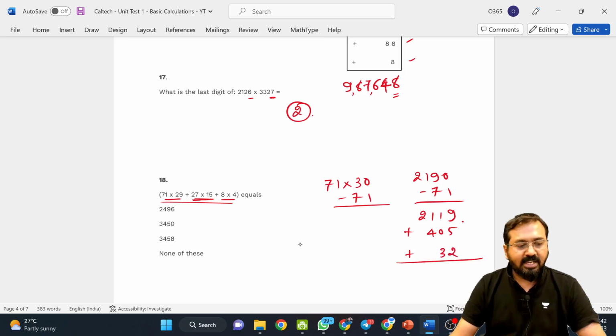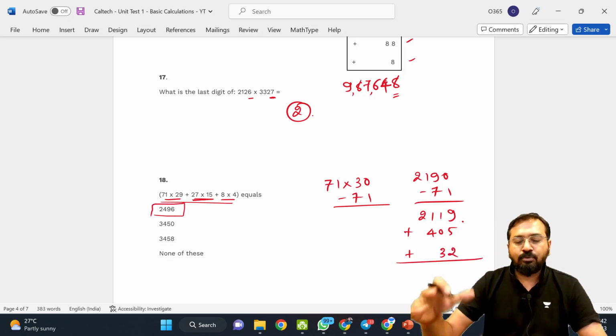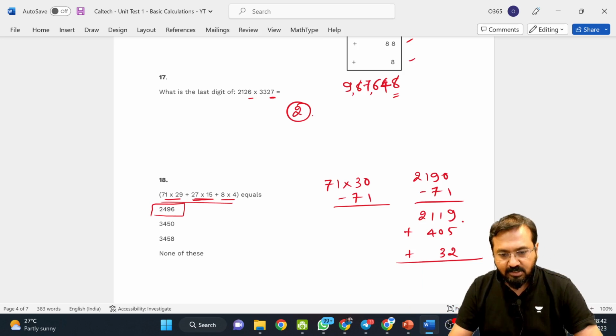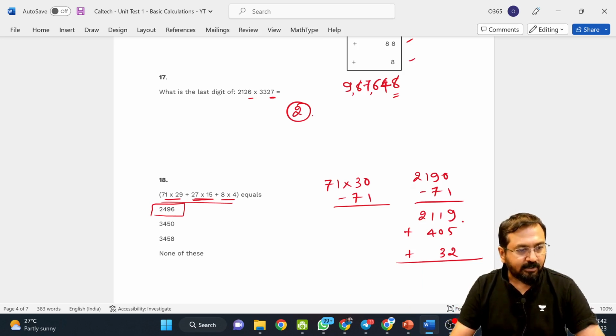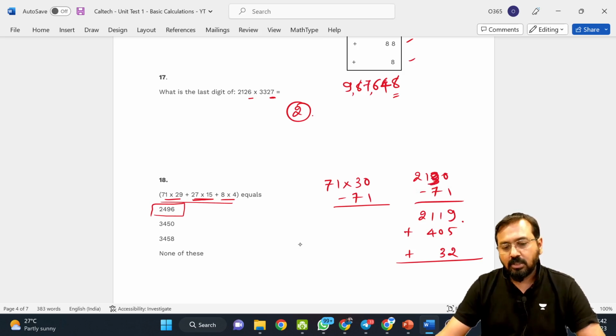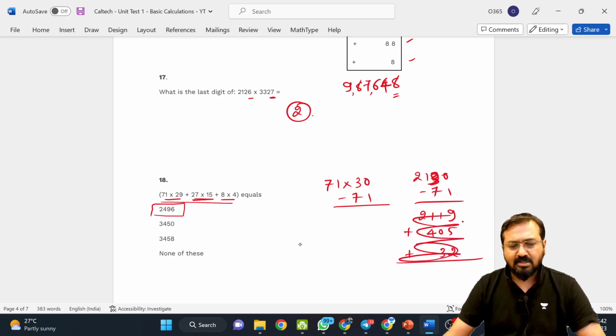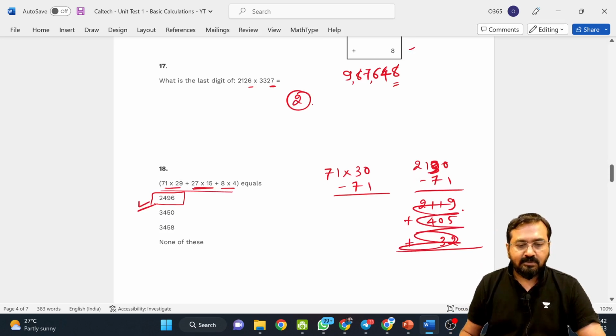So you will get straight away this summation as 2496. Just a moment. Oh, 71 threes, guys, this is 2130. Yes, this is the mistake. 2130 minus 71. Okay, right. So this is a small mistake. So you will get 2496 as the answer.